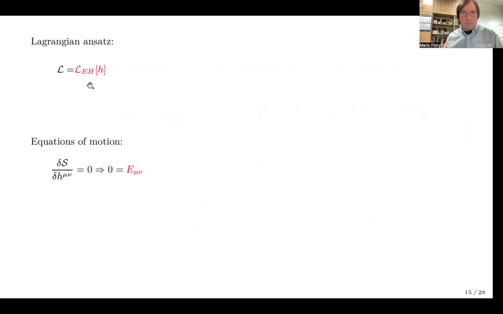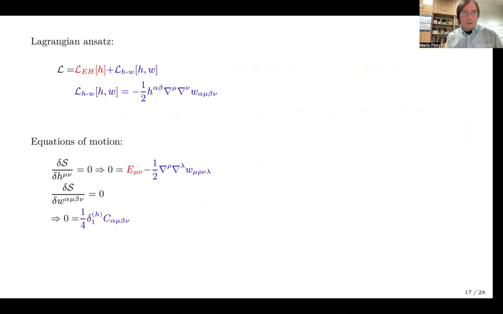So from the perturbative Einstein action, we get Einstein's equation. To this, we add this kind of coupling term here, which gives us in this equation exactly that correction term that we had derived. However, in this Lagrangian, if you want to treat both h and w as fundamental variables, you also have to take the variation with respect to w, and that gives you a second equation of motion.